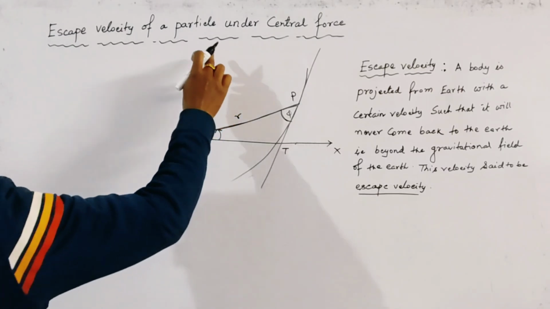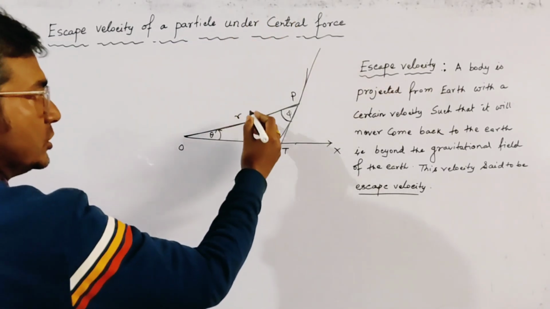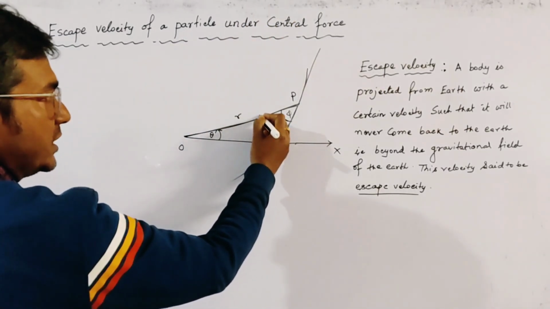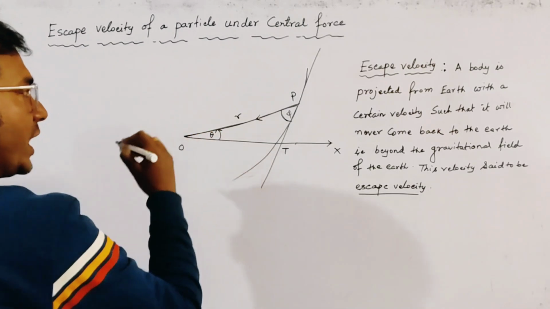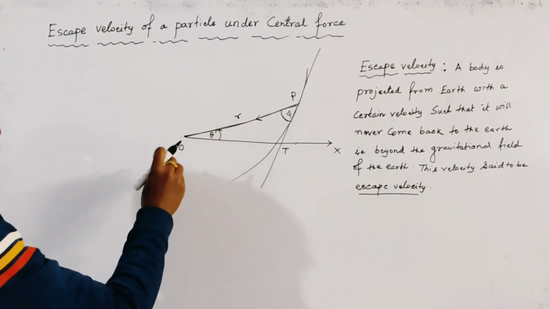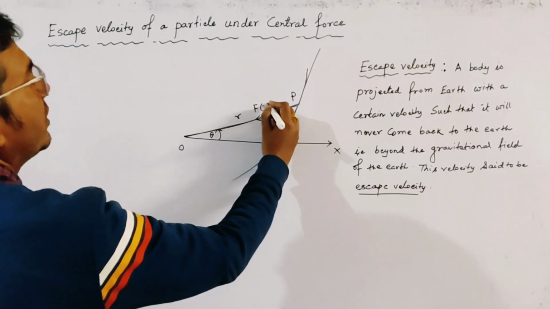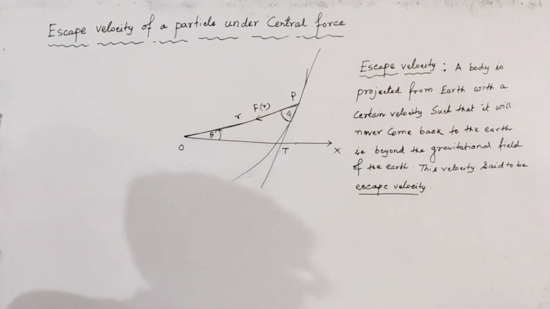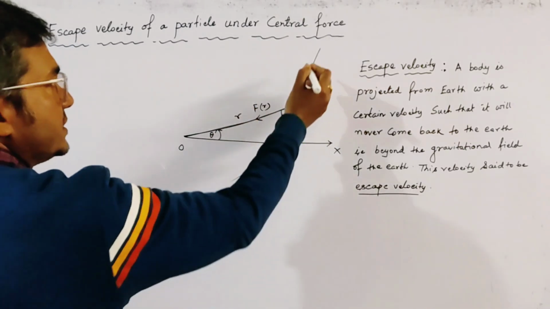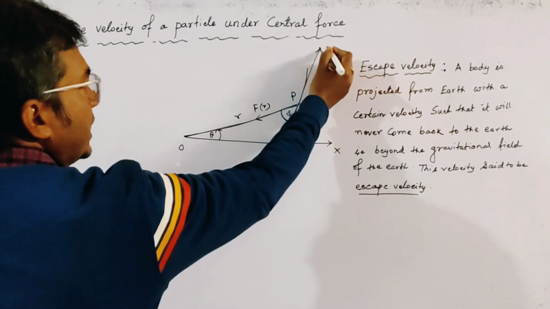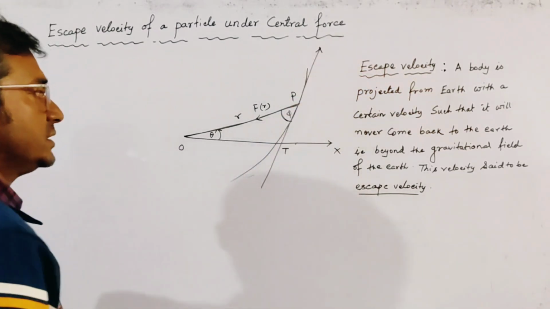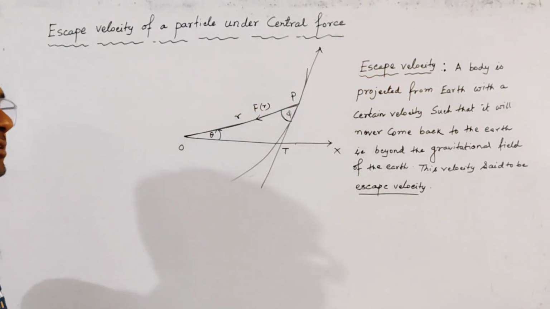Since the motion is under a central force, the force acts along the line to the center of force O. Let it be capital F of r. This is the central force, and this is the positive tangential direction.